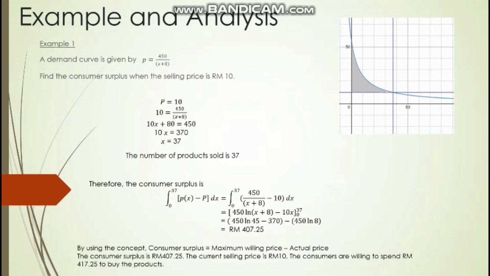In conclusion, by using the concept, consumer surplus equals the maximum selling price minus the actual price. Hence, the consumer surplus is 407.25. The current selling price is 10 ringgit. Therefore, the consumers are willing to spend 417.25 to buy the product.